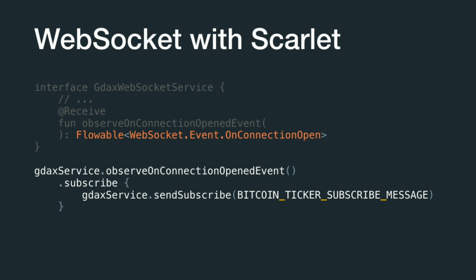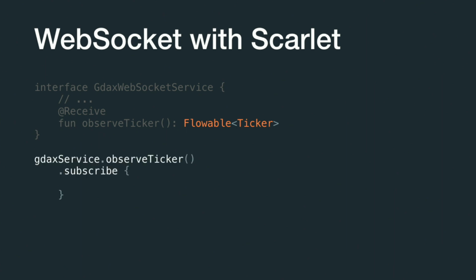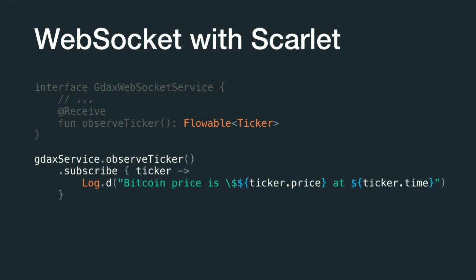After we send the subscribe message, the server will send us tickers as documented on their website. To observe the tickers, we just need to declare another method with the receive annotation. And this method will return a Flowable of tickers, and we can subscribe to it and process the data.